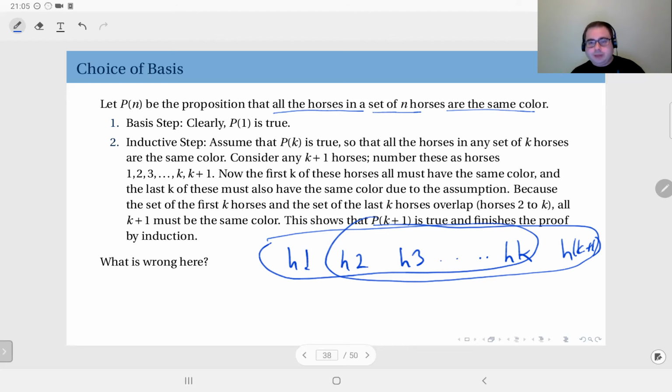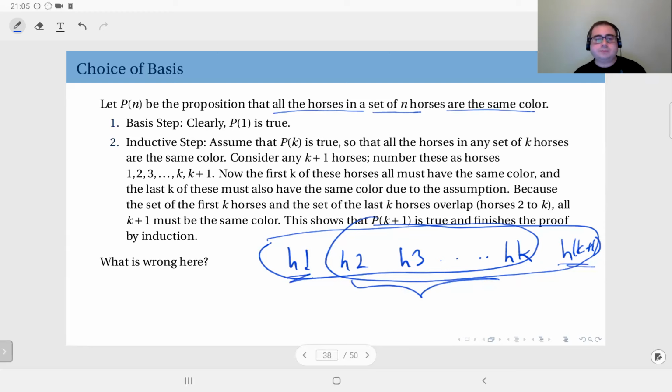And since we have an overlap here, that means h1 and hk plus 1 should also be of the same color, which means all of these k plus 1 horses should be of the same color. And combined with the basis step, by induction, we see that P of n is true for all n. Okay, so this sounds correct.